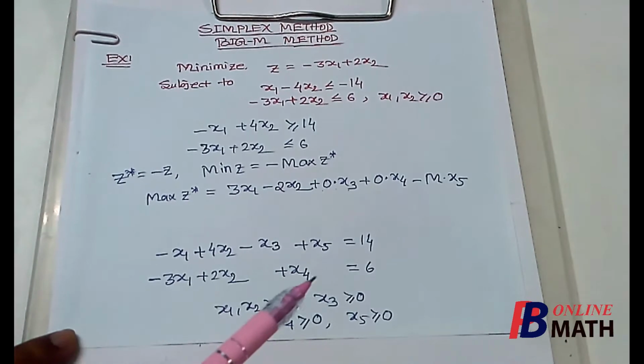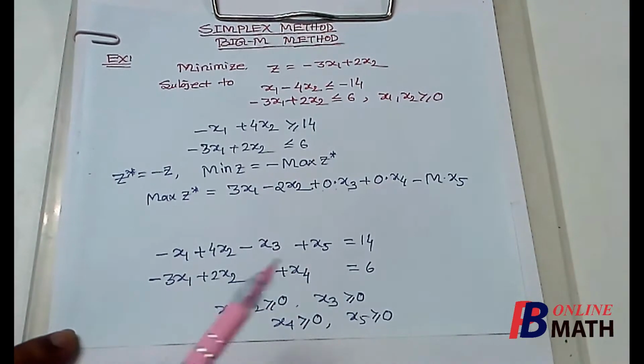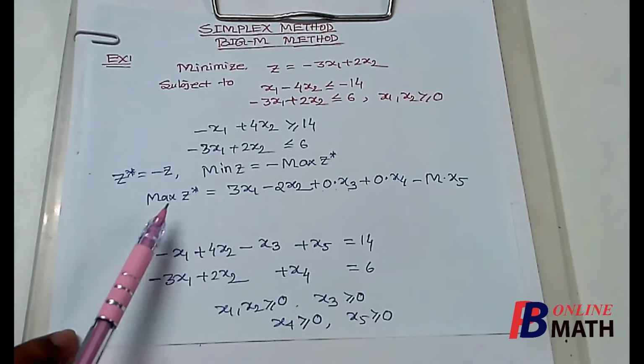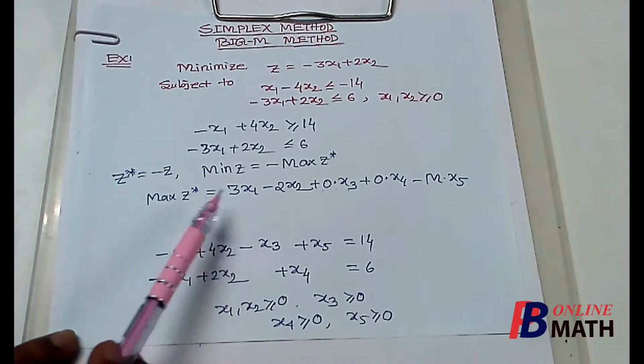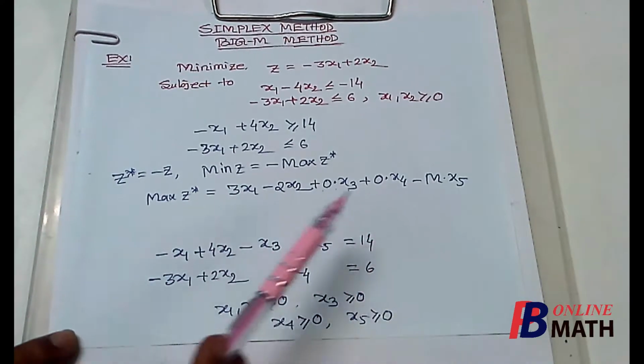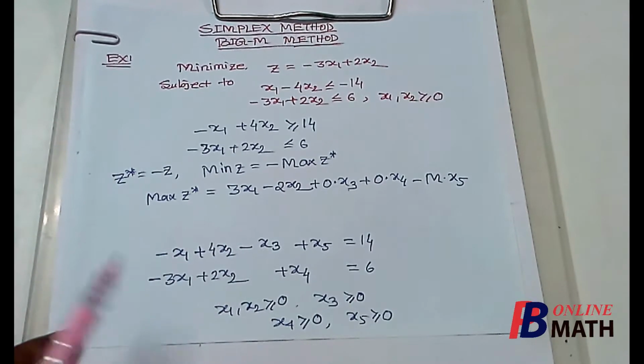Now this is our modified problem: we have to find the max of z star, where z star is this objective function corresponding to these two equations, where x3 is the surplus variable, x4 the slack variable, and x5 the artificial variable.